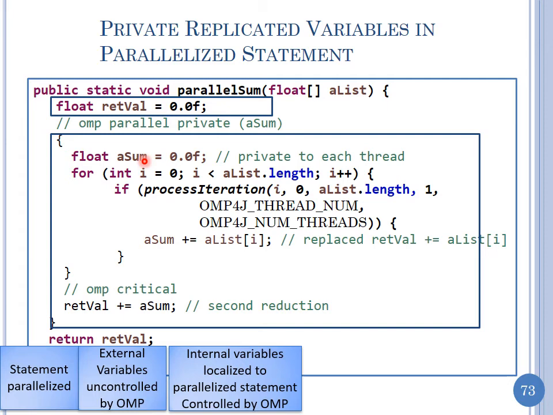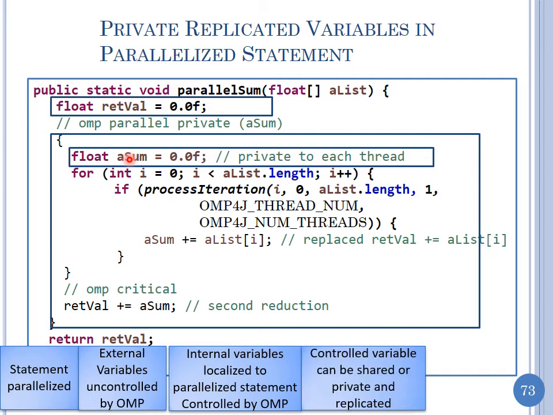Let's put it this way: these can be replicated, and whether they're replicated or not is controlled by this pragma here. Private says that we want the variable to be replicated, and if it's not private, it's shared, and in that case it is not replicated. This is what we control.